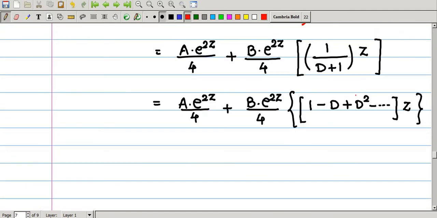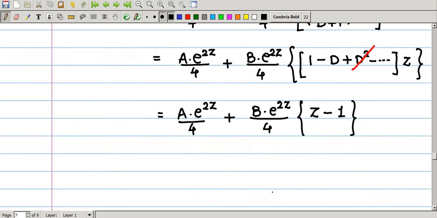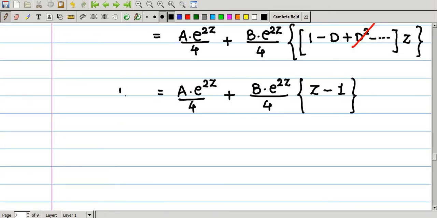Again, in this expansion, higher order derivative terms after D raised to 1 will be meaningless because the derivative will be 0. So we can simplify it. Plus b into e raised to 2z upon 4, so 1 into z minus the derivative of z with respect to z. So this will be your required value for the particular integral in terms of z.